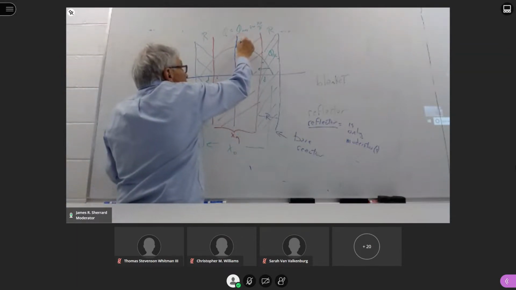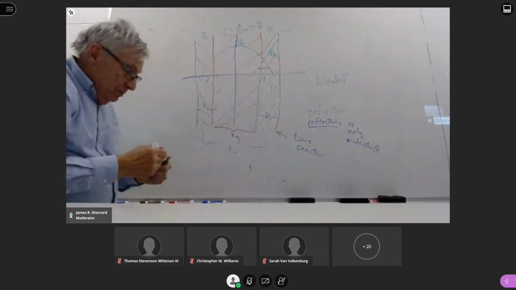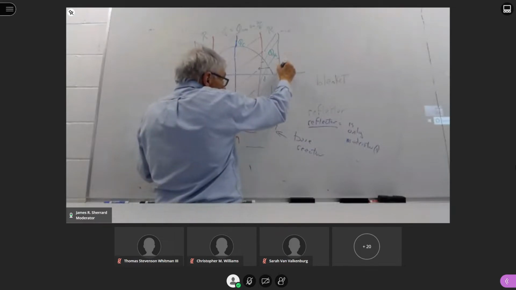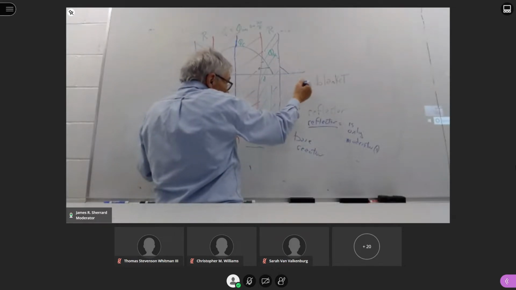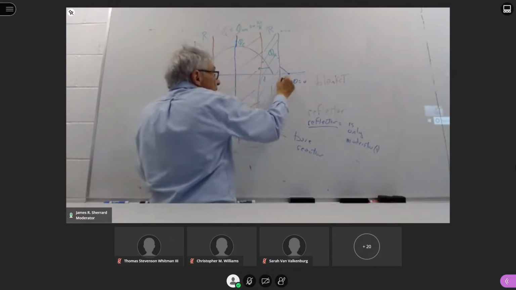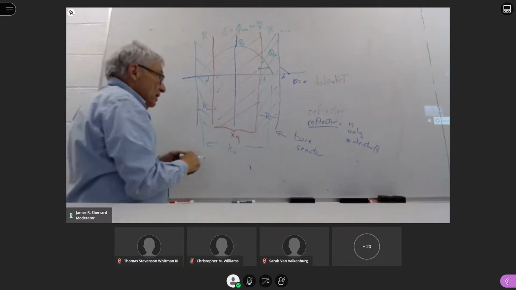So we have a flux in the core, we have a flux in the reflector, and again, when it reaches the boundary, it's going to leak out to a new point where the flux goes to 0. This will be a new little d for extrapolation distance.